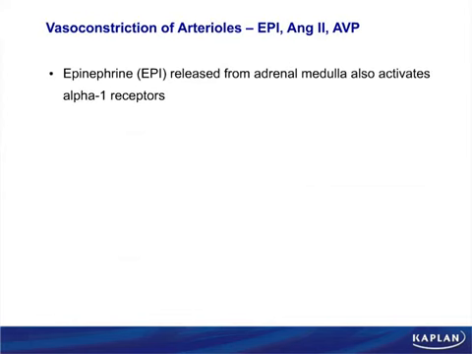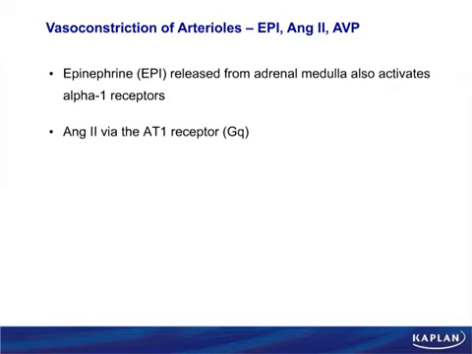All right, some other players that'll cause vasoconstriction are hormones. Epinephrine, remember, is released from the adrenal medulla, and can also vasoconstrict via alpha-1. Angiotensin II is a vasoconstrictor. We express vascular AT1 receptors. Also use Gq.